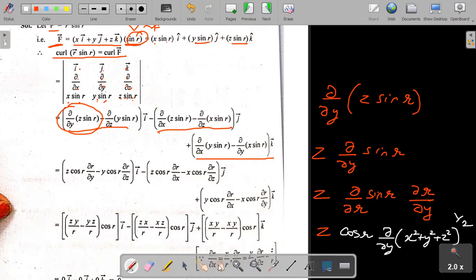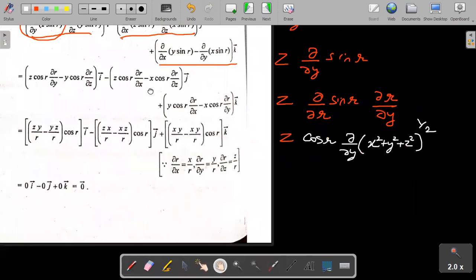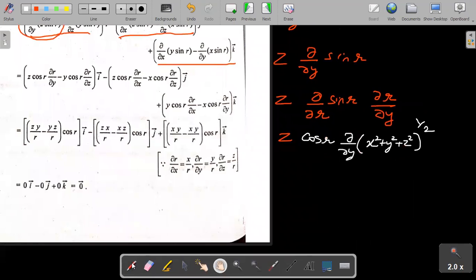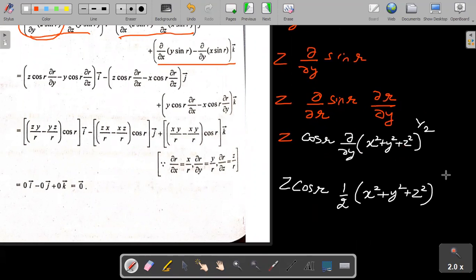So now if I take its derivative, it will be z cos r, right? So this will be 1 by 2 coming down, x square plus y square plus z square to the power n minus 1. So 1 by 2 minus 1 becomes minus 1 by 2.